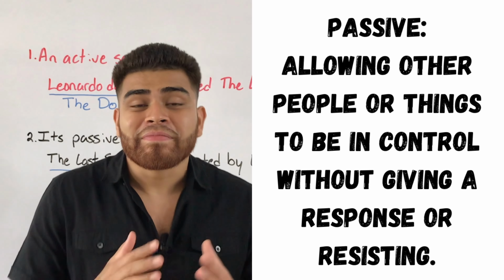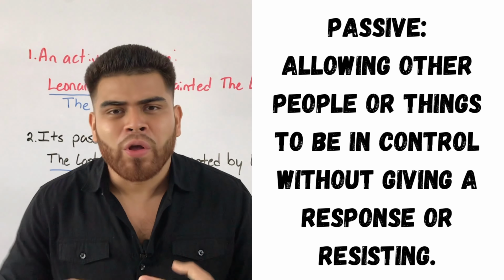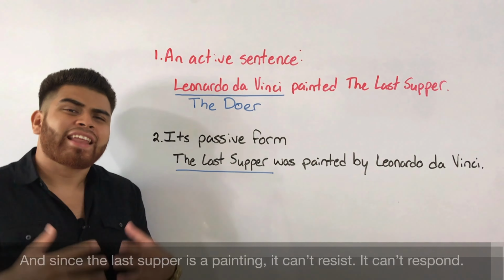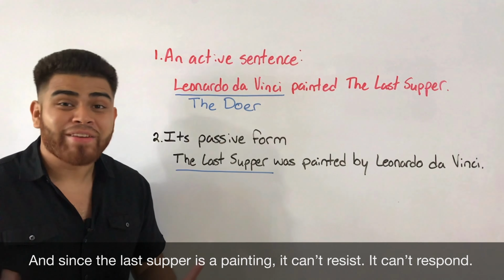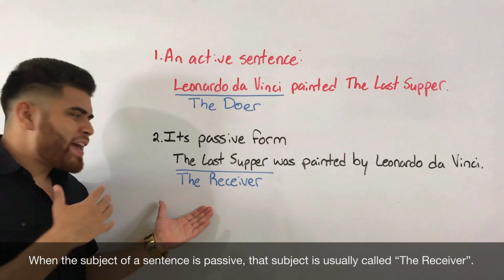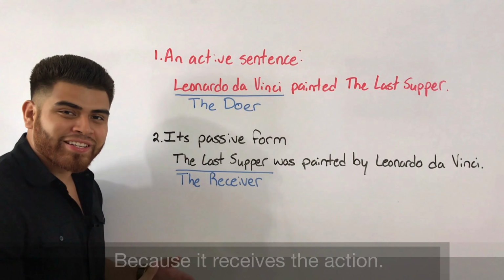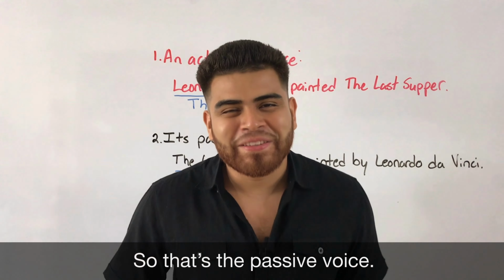See, passive means to allow other people or things to be in control without giving a response or resisting. And since the Last Supper is a painting, it can't resist. It can't respond. It's passive. When the subject of a sentence is passive, that subject is usually called the receiver because it receives the action. So that's the passive voice.